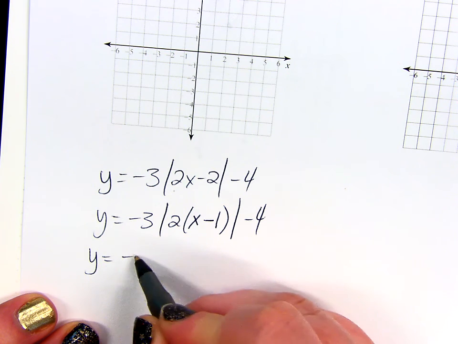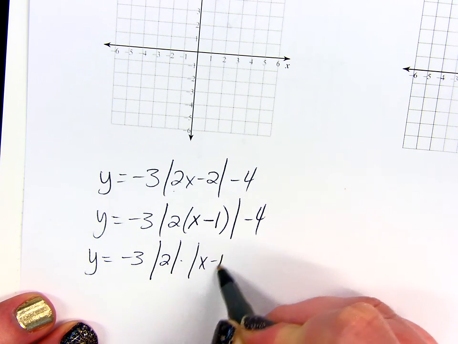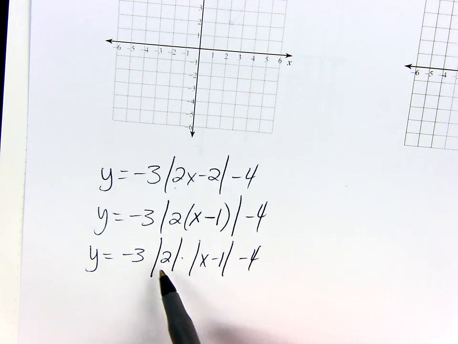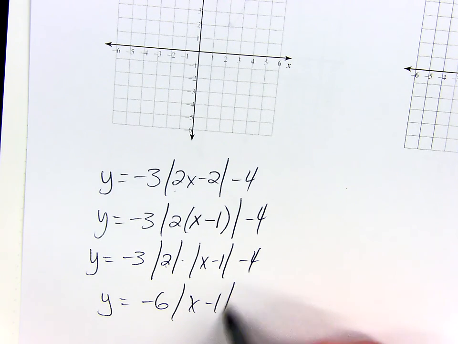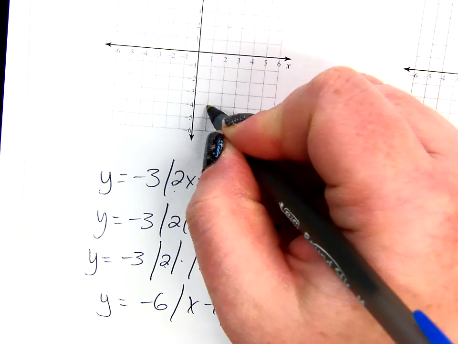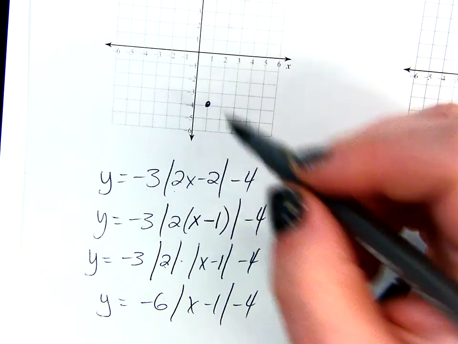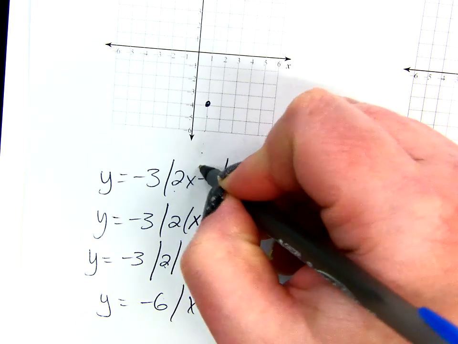Now I'm ready to split my absolute value into 2 parts. So I'd have negative 3, absolute value of 2, times the absolute value of x minus 1. All right, I know the absolute value of 2 is just 2, times negative 3 gets me a negative 6, x minus 1 minus 4. And now I'm ready to graph it. It's nice and easy. You should have a vertex at positive 1, negative 4. And then my negative 6 again, geez.